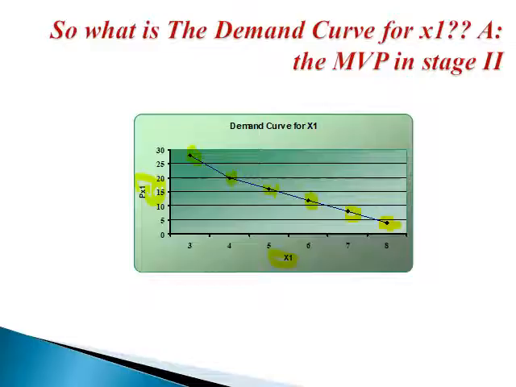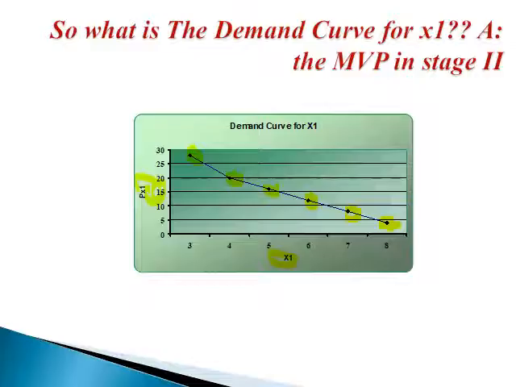This is the level of the variable input that I should use when the unit price of the variable input is 4 here, 8 here, 12 here, then 16, then 20, and this one, 28. When you connect these points, you obtain the VMP of x1, which is also called the demand curve for the variable input x1.